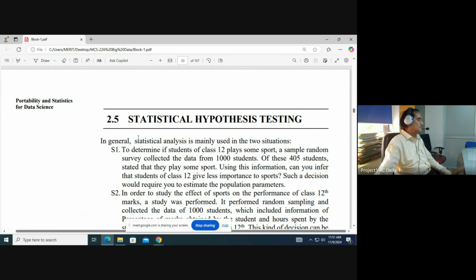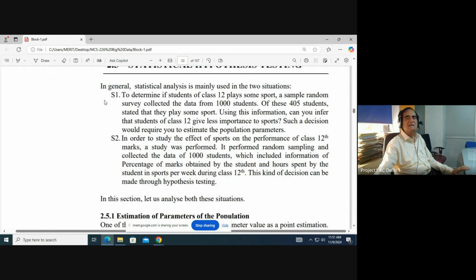Statistical hypothesis testing, आप जैसे वो चाई टेस्ट, टी टेस्ट, एफ टेस्ट लगाया था, इस तरह ये लगाते हैं. In general, statistical analysis is used in two situations: to determine if students of class 12 play some sports.